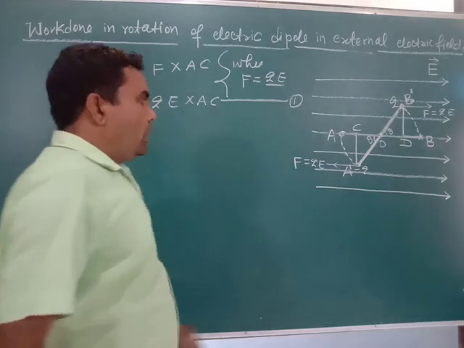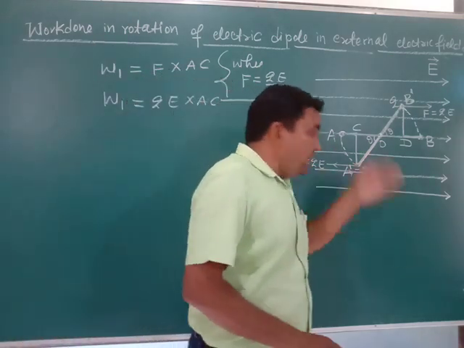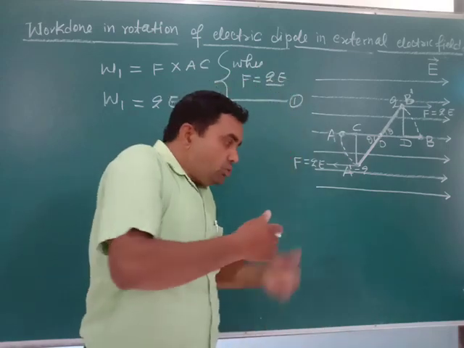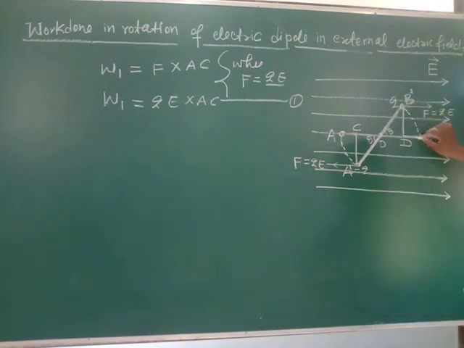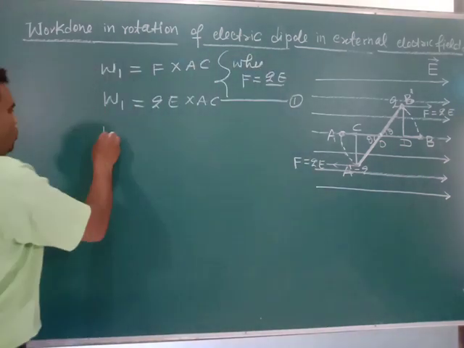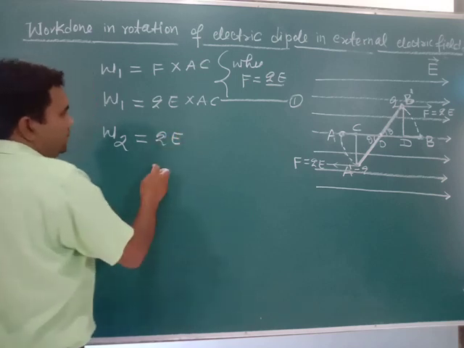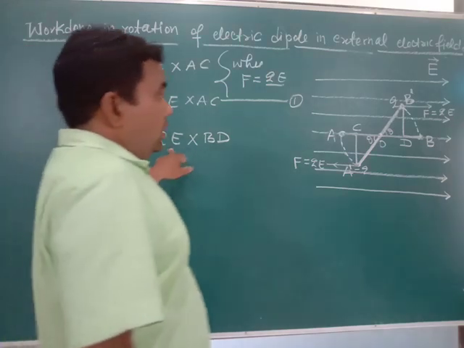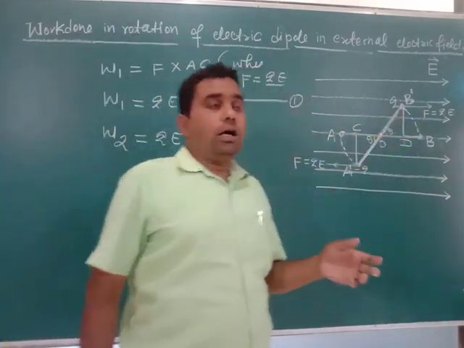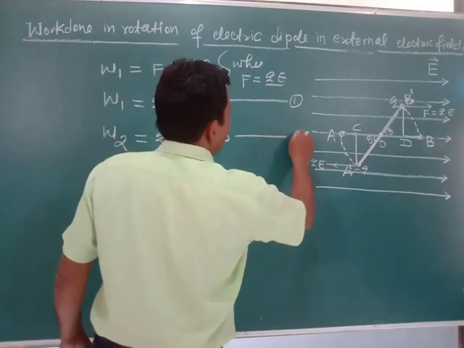In this condition, if W2 is the work done due to rotation of the dipole, and charge plus q undergoes displacement BD, then W2 is equal to qE into BD, where qE is the force applied on charge plus q. That is expression number 2.